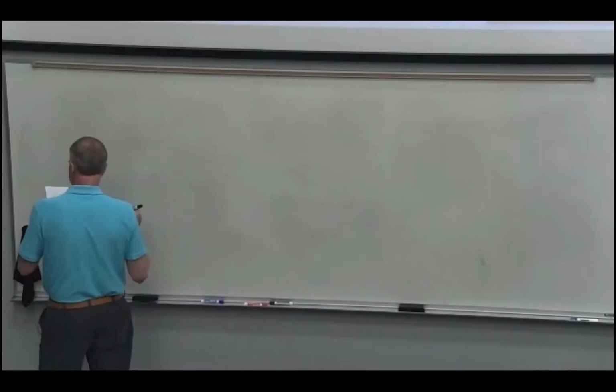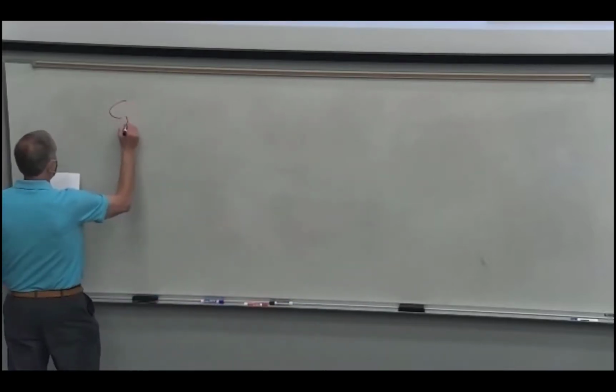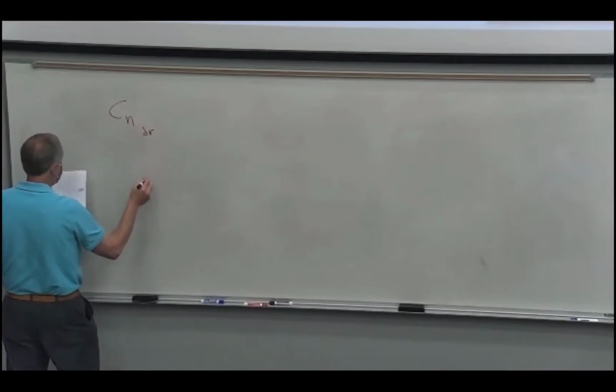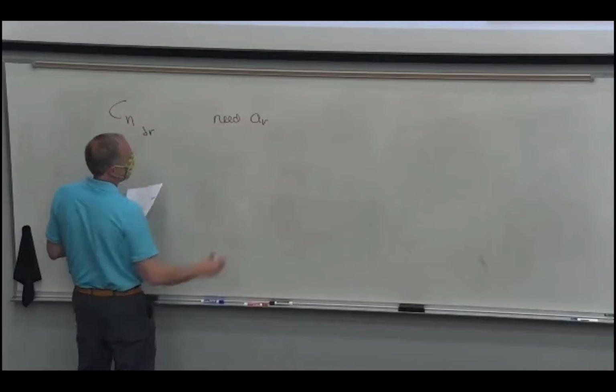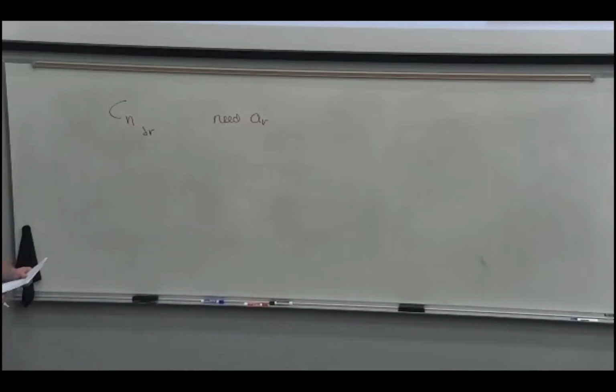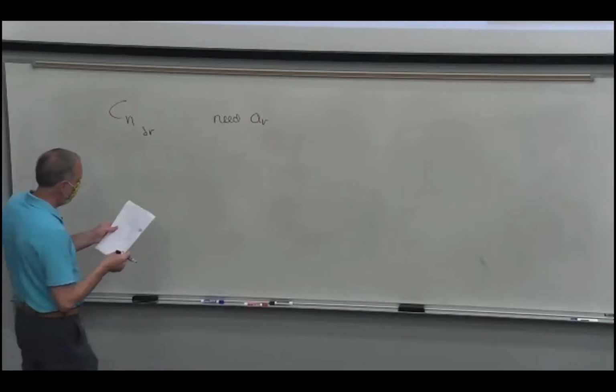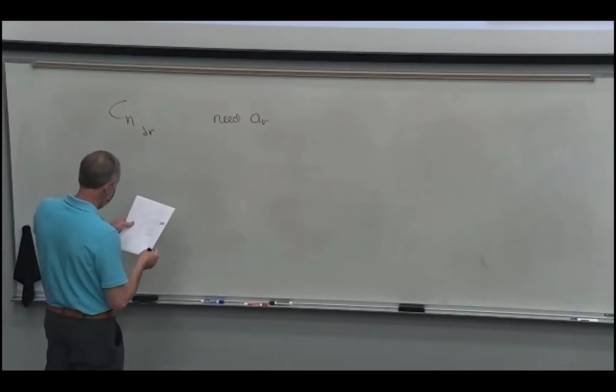All right, so we want to calculate CN delta R, which means we need the effective lift curve slope of the rudder. This is how much lift we get per degree. And so that comes from the appendix and the charts.